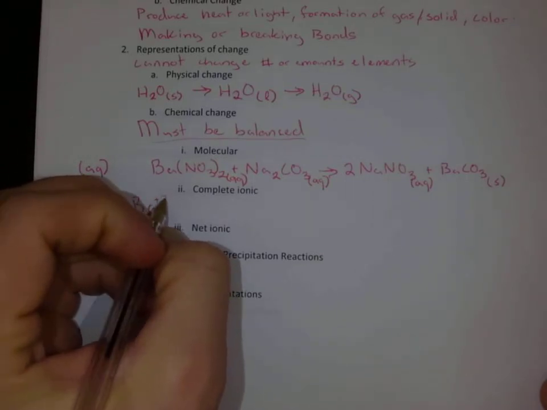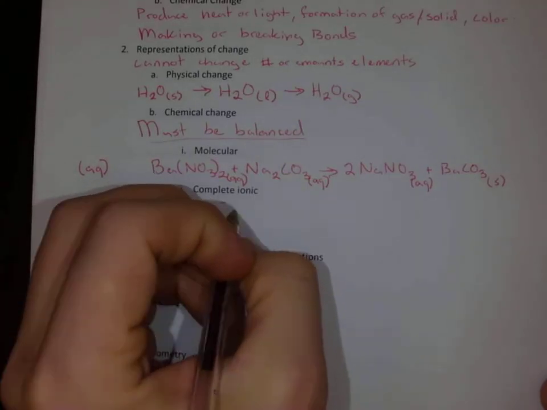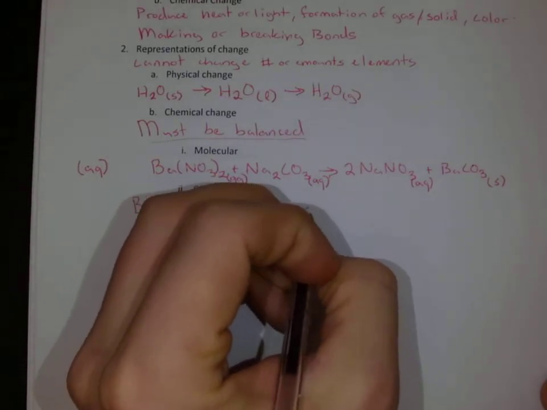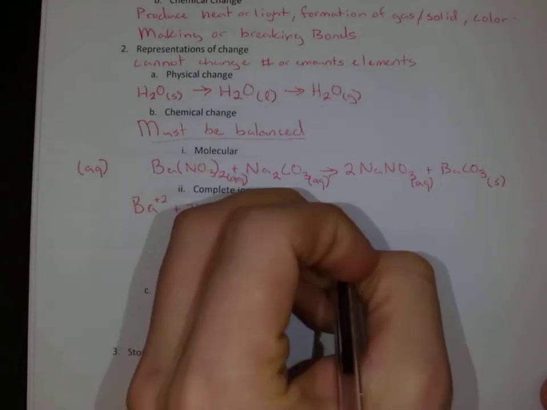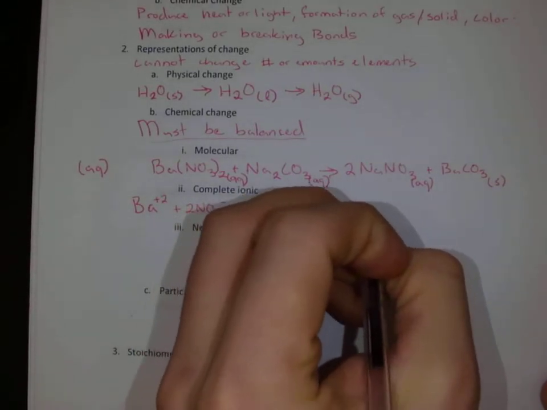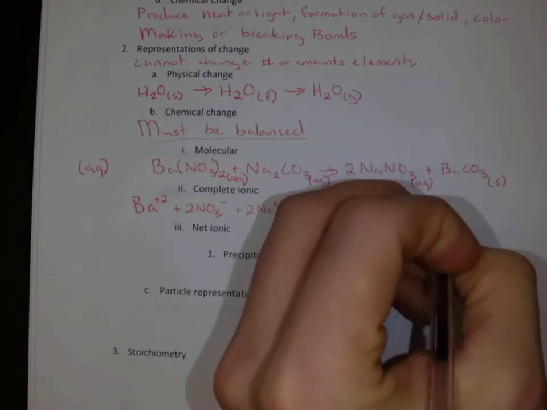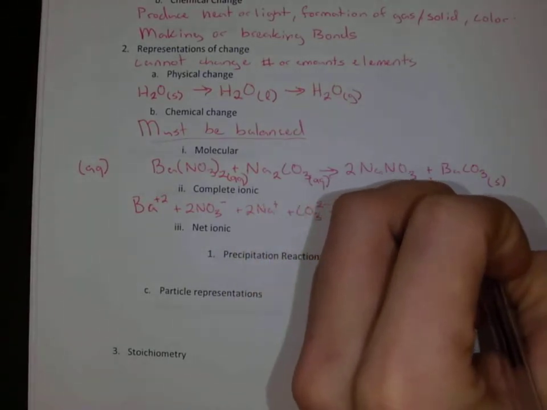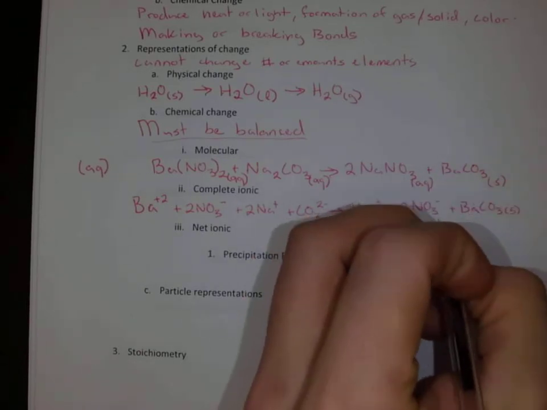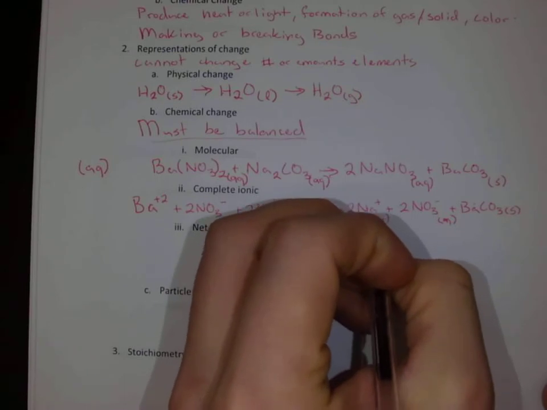So Ba2+ plus 2 NO3- plus 2 Na+ plus CO3 2- goes to, right, we're going to have 2 Na+ and 2 NO3- and BaCO3. That is a solid. All of the rest of them are going to be aqueous. So I'm going to write my aqueous on here real quick.